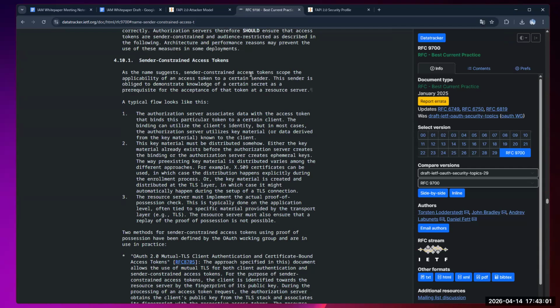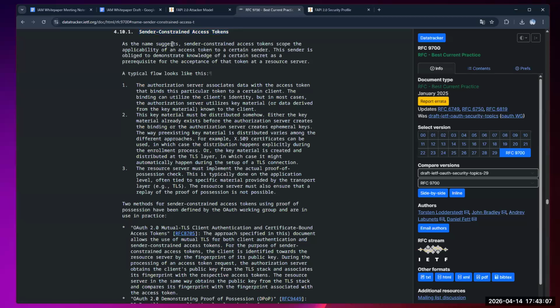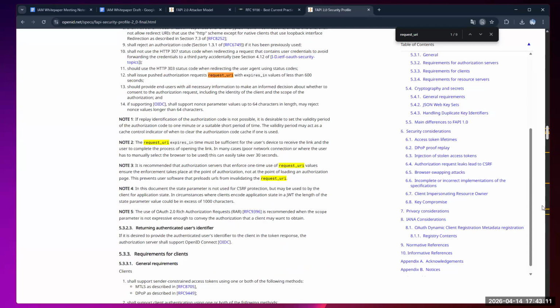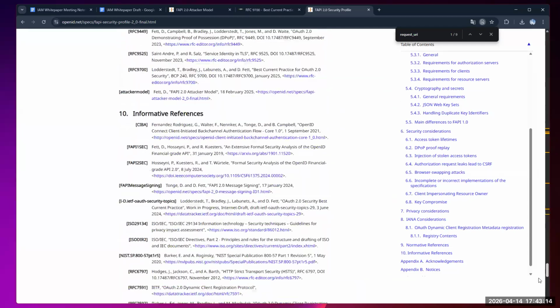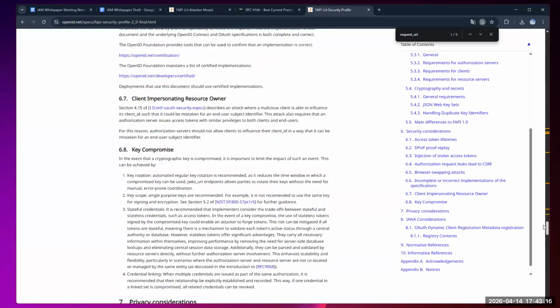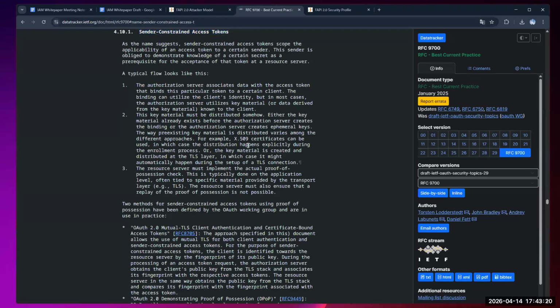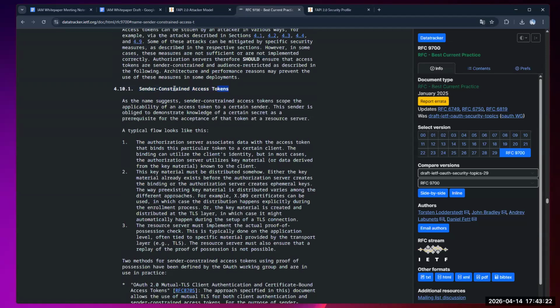So there are some differences of levels between sender constrained access token and PAR. So yeah, I think mentioning the sender constrained access token is not so strange.